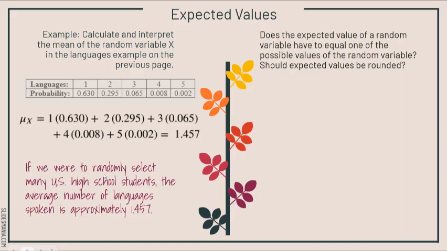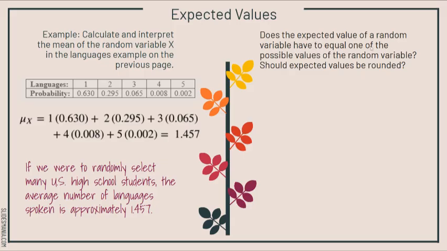If we were to randomly select many U.S. high school students, the average number of languages spoken is approximately 1.457. I understand that this doesn't quite make sense, because you can't speak 1.457 languages. But let's say we surveyed a bunch of students and averaged their languages spoken; we would get something close to this, is what it's saying.